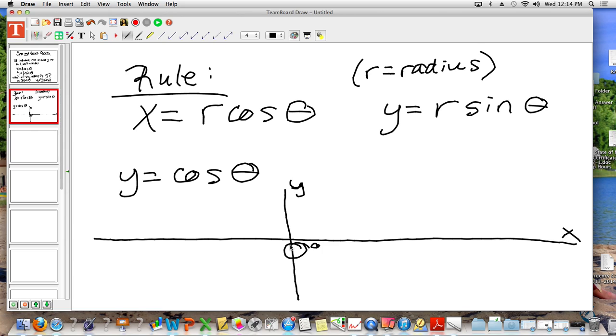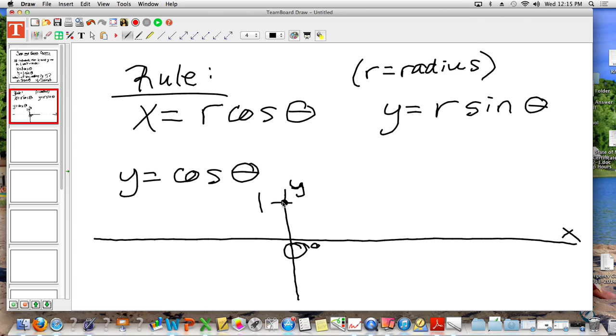Look at 0 degrees. What is the cosine? Cosine is x. It's 1. The cosine value is 1. So at 0 degrees, you have 1. So you go to 0 degrees and put a point there. Then we took 1 step to the right. What was 1 step to the right? Do you recall?